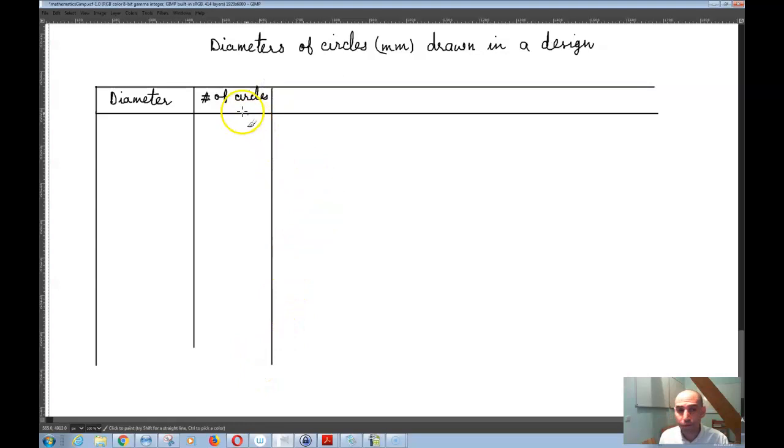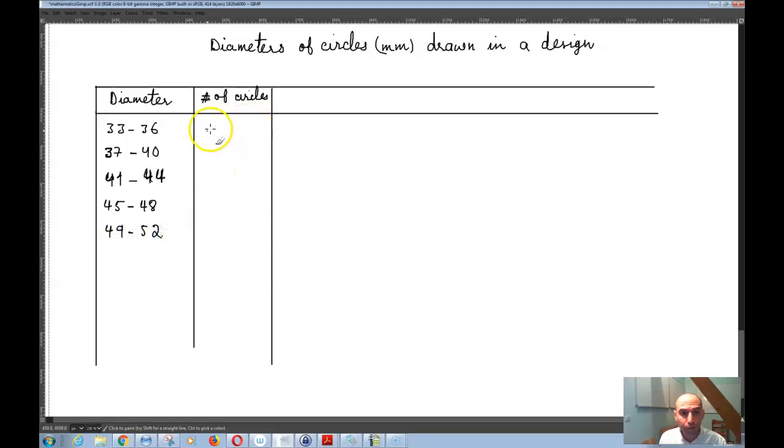The classes are 33 to 36, 37 to 40, 41 to 44, 45 to 48, and 49 to 52.